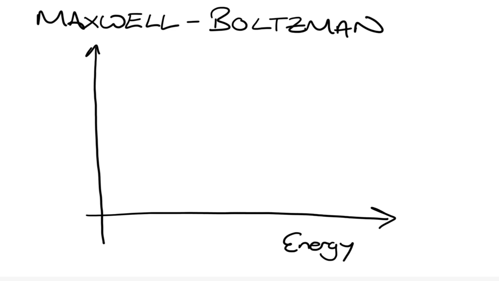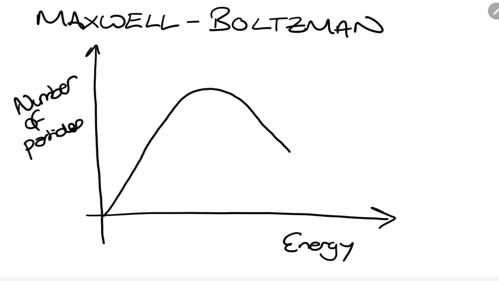So we represent this in a graphical form, so called the Maxwell Boltzmann distribution, and it's a graph whereby we have energy on the x-axis and we simply have the number of particles on the y-axis, and we draw a curve which resembles something like this.